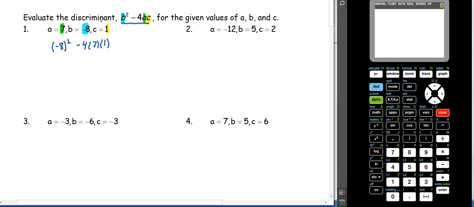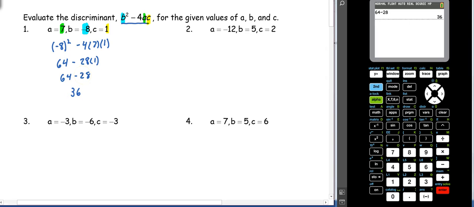So first, doing order of operations, we have an exponent, so -8 squared is 64. 4 times 7 is 28. Times 1, so we get 28 again. So then we're going to do 64 minus 28, and we get 36.